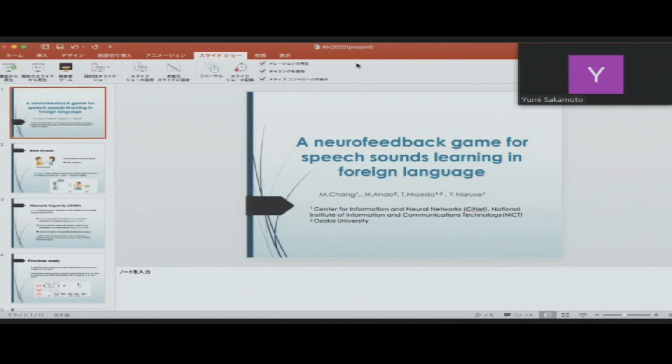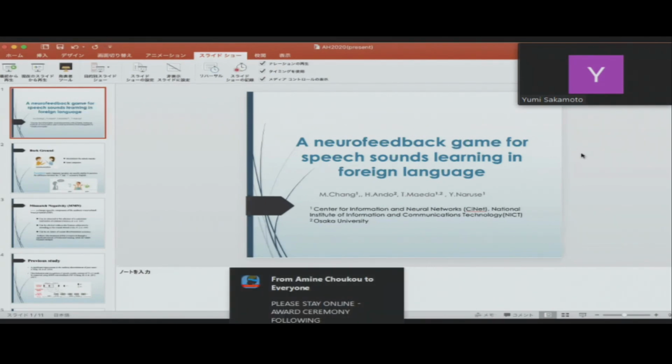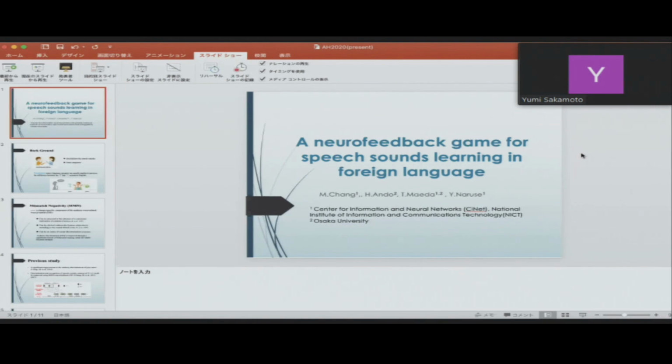I do have some questions for you. I thought this was very interesting, especially because I always struggle with L and R myself.